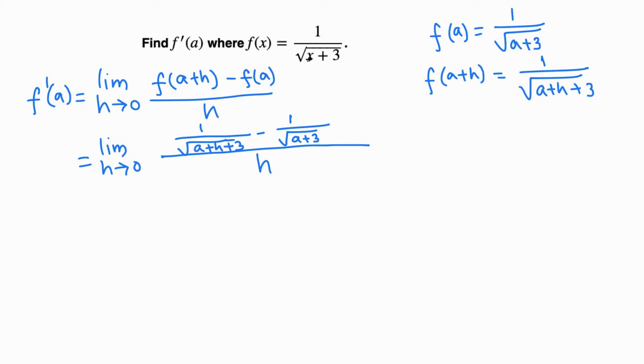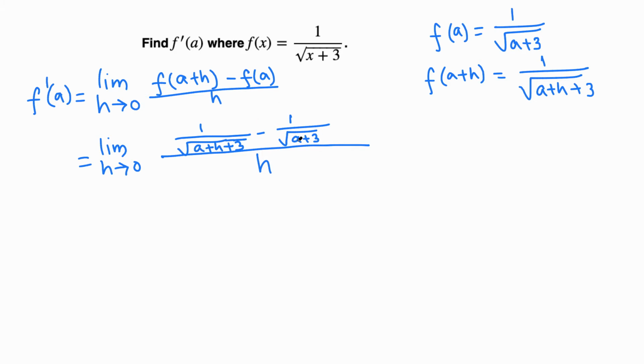Okay, so we got a complex fraction here. That was the formula, where we need to combine two fractions on the top, then everything divided by h. As we know in this formula, if we try to directly plug in h equals 0, we're going to get 0 over 0. That's always the case. To simplify this, we can multiply top and bottom, meaning h, by the common denominator of the top.